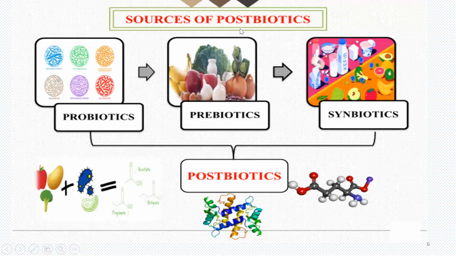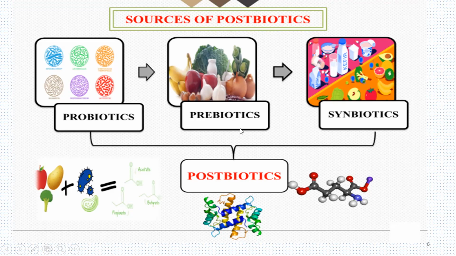Then coming to the sources of postbiotic. Obviously they will be from probiotic sources as well as prebiotic. So the symbiotic terminology has emerged out from these two. What is symbiotic? Symbiotic is nothing but the synergistic effect, or the symbiotic relationship, between probiotic and prebiotic. Probiotics are live microorganisms, right? Like lactic acid bacteria, most commonly Lactobacillus, Bifidobacterium, then Streptococcus.